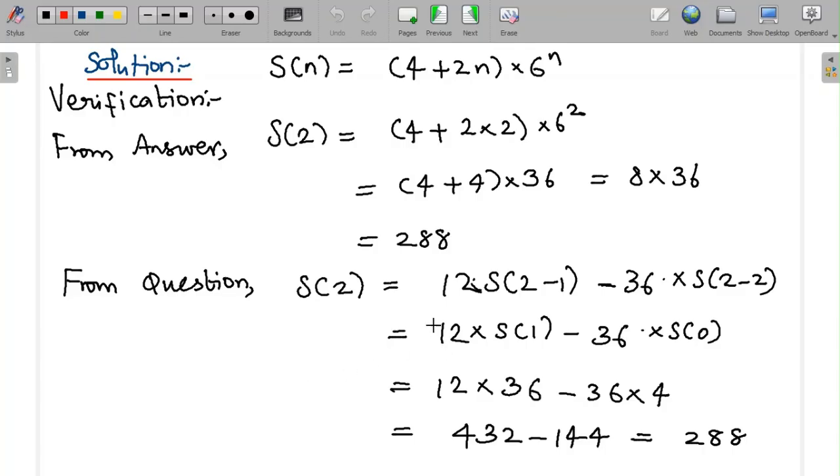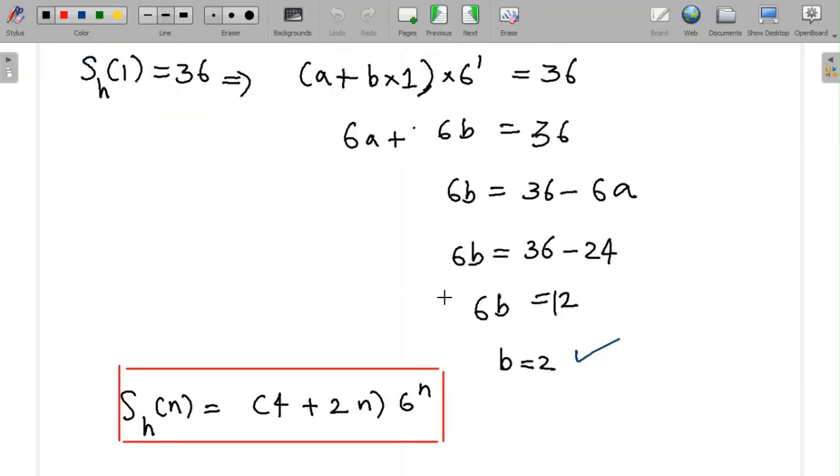So 432 minus 144 also happens to be 288. So the answer we obtained from the closed form expression matches the answer we obtained from the given recurrence relation. Therefore, the answer we obtained here using the solution is the correct answer. The correct solution is the solution of the recurrence relation.